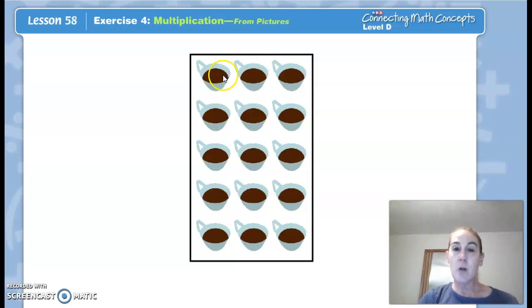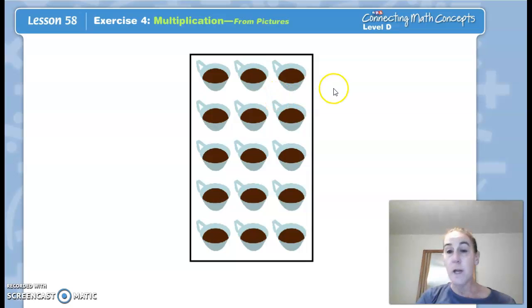Okay, so going across, this row has 1, 2, 3 cups. Okay, now we want to know how many rows are there. So there's 1 row, 2 rows, 3 rows, 4 rows, 5 rows, and each row has 3 in it.